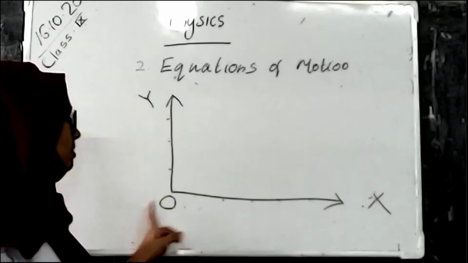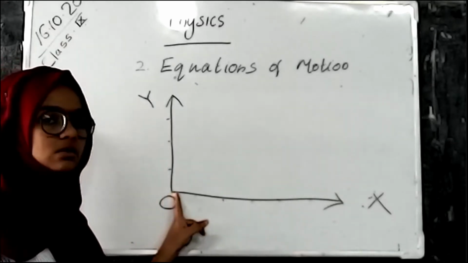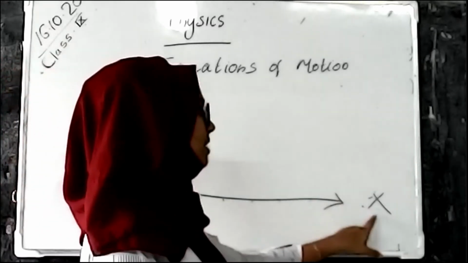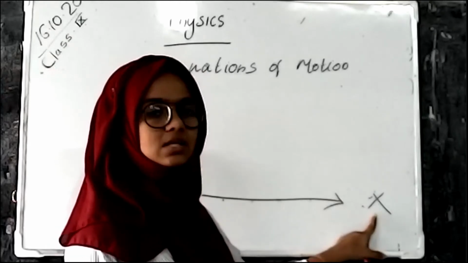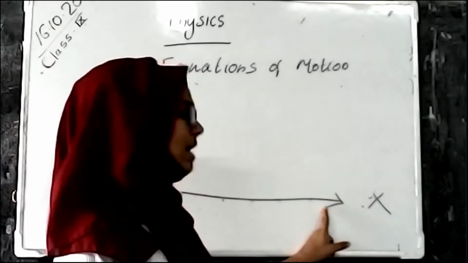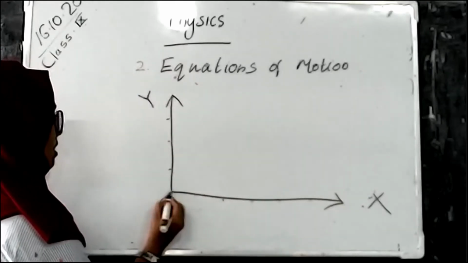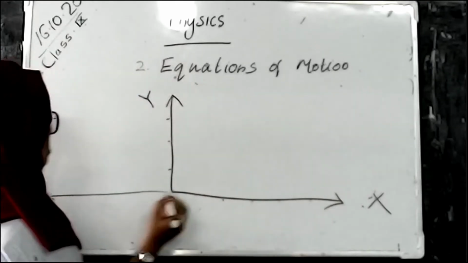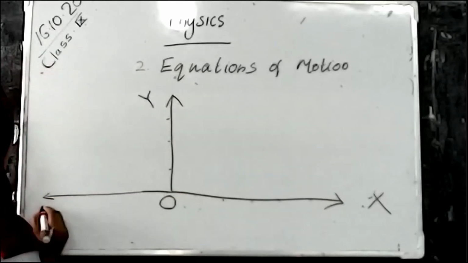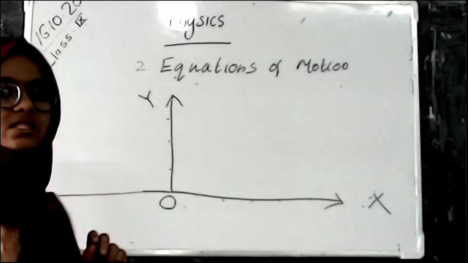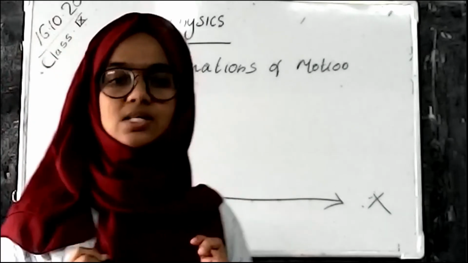From the origin to the right, there is the positive x-axis. And this x-axis has an opposite side, that is from the left to the origin, and this is the negative x-axis or x dash.